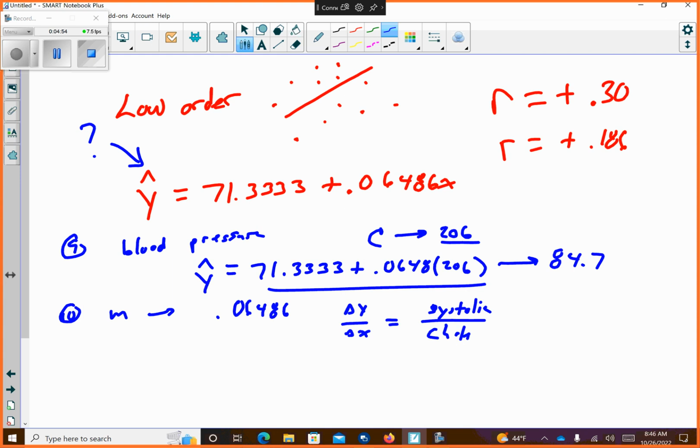Okay, so this means that if I have a slope of 0.06486, if we put it over 1, our systolic rate will go up 0.06486 for every increase of 1 cholesterol. That makes sense?